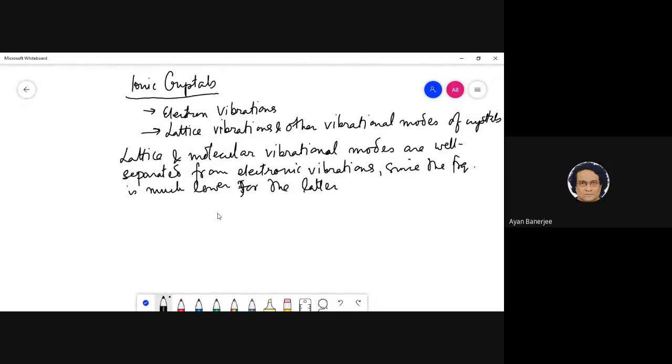Okay. So in the sense, what I'm trying to say is that in writing my expression for dielectric constant, I can separate out two regimes. Okay.